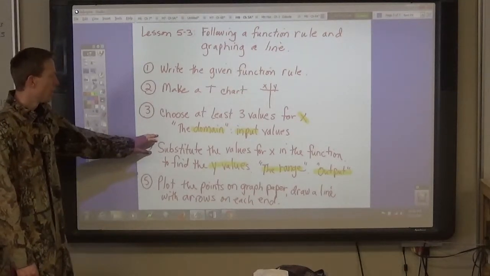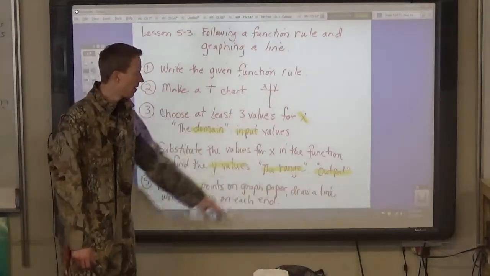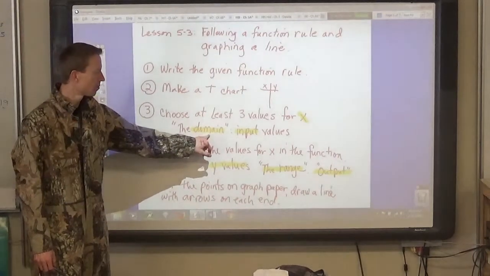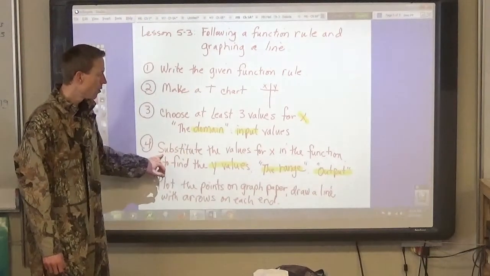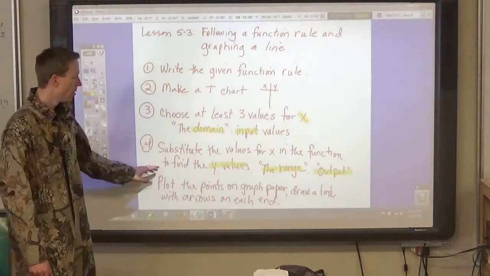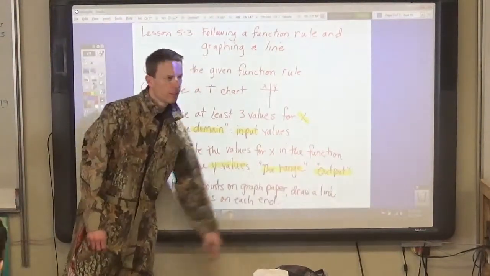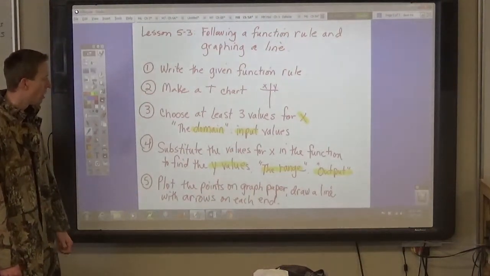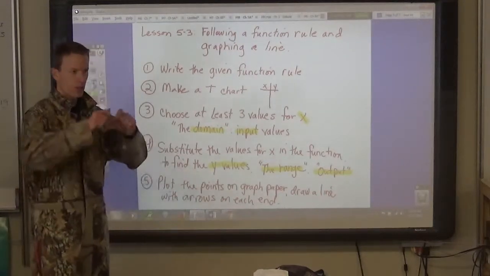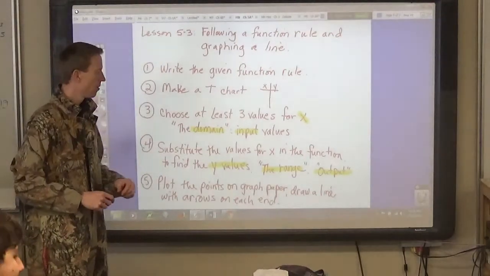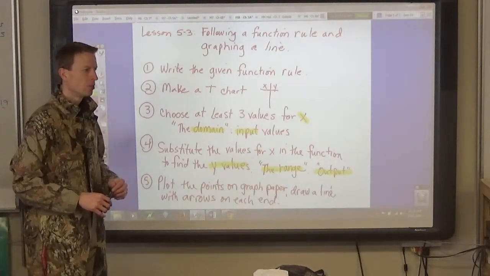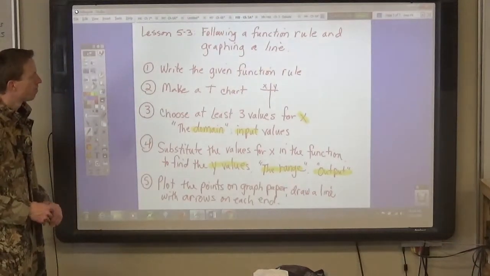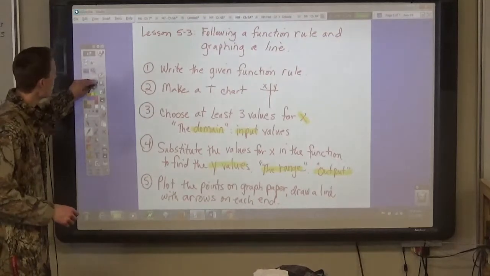So you choose the numbers for your domain, and substitute those values in for x into the function rule to find the range, or the output. Then plot those points on graph paper and draw a line with arrows to show where the line is going. That's also part of this lesson.